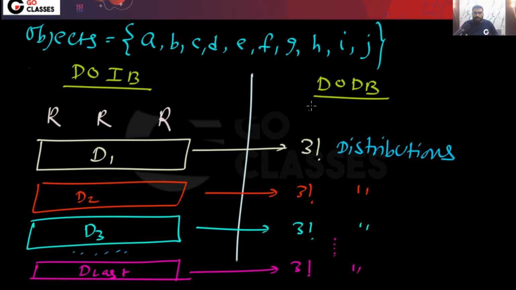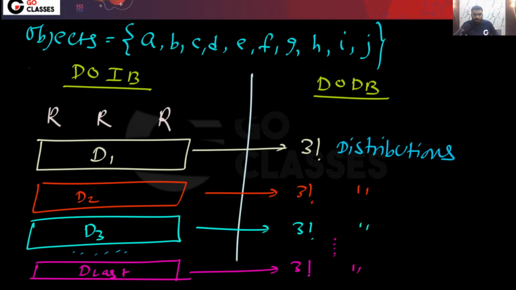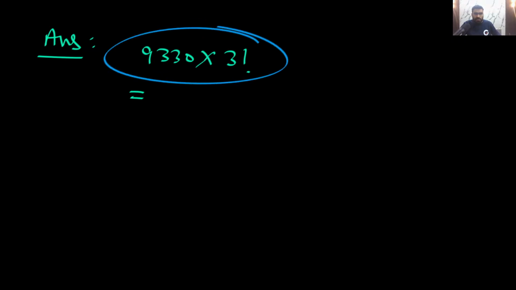Now tell me the total: what will be the answer for this DODB template? Finally, your answer will be 9330 multiplied by 3 factorial. You can just calculate it. Is this clear? So the answer is 9330 multiplied by 6. This will be your answer.